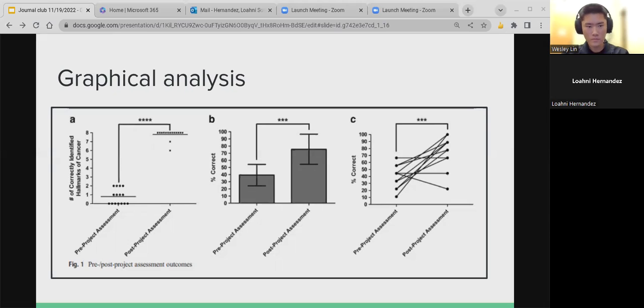Of course, there were some abnormalities with students choosing 7 or 6, but no student got fewer than 6, showing a marked improvement. This is also demonstrated in graph B with percent correct, and graph C has a similar structure, showing the increased percentage that students were being accurate in their assessment of hallmarks.